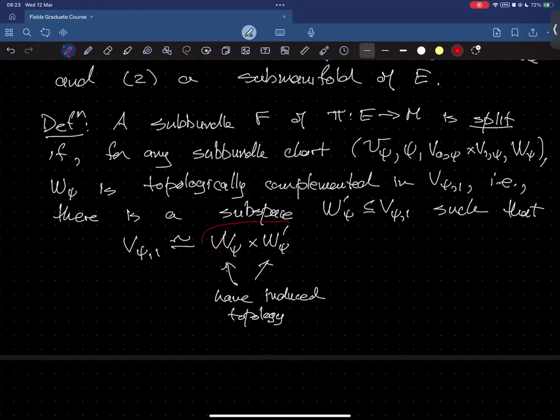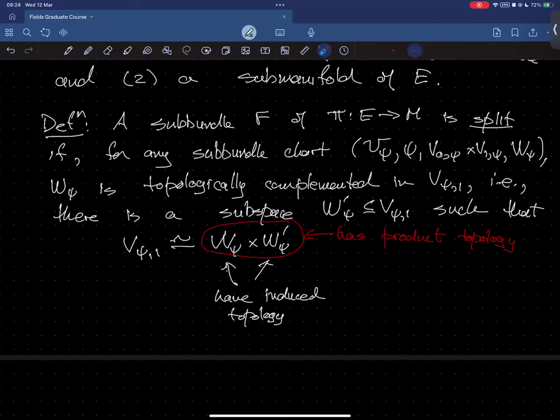The product has the product topology. That's the normal topology that you take for a product, again, unless you say otherwise.